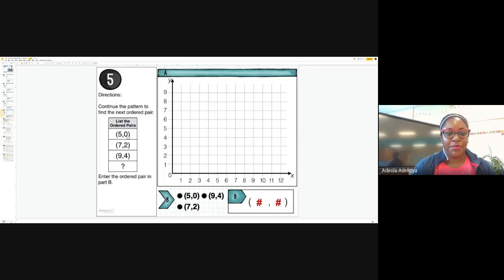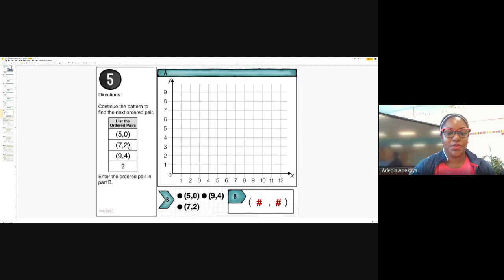5, 0 means I'm going 5 spaces on my X, and I'm going 0 spaces on my Y. So I'm going 5 to the right and 0 upwards. 7, 2 means I'm going to count 7 starting from my origin. 1, 2, 3, 4, 5, 6, 7.